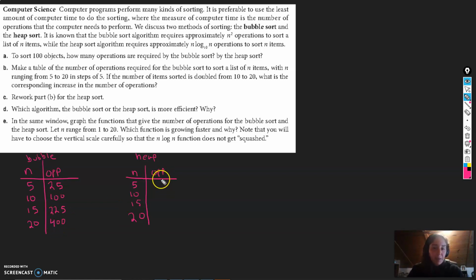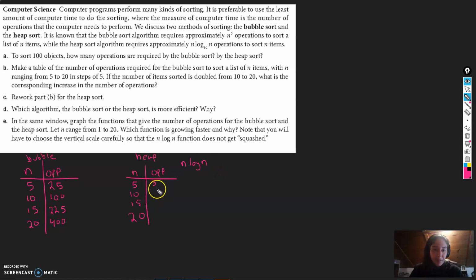For heap sort, remember, it is n times log n, log base 10. So what is 5 times log of 5? I'm going to round this, so this rounds down to 3. What is 10 times log of 10? Well, log of 10, 10 to what power is 10?